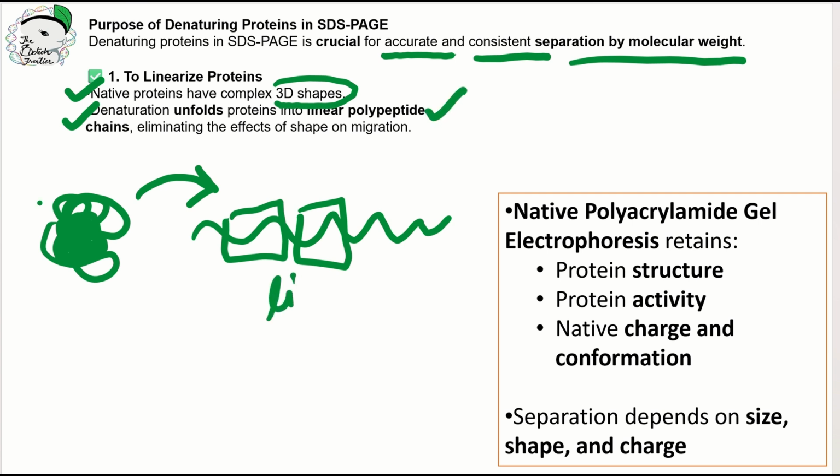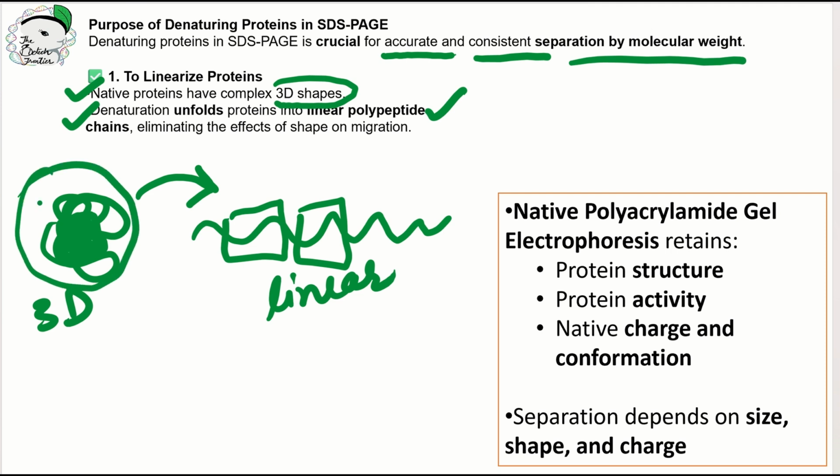So this is the linear polypeptide, and this one is the 3D shape of the protein, or you can say the tertiary or quaternary structure of the protein. If you want to study each and every detail of any protein, it is necessary to convert that folded protein into an unfolded state to get a linearized form. And this eliminates the effect of shape on migration.